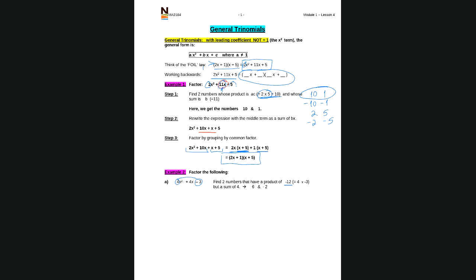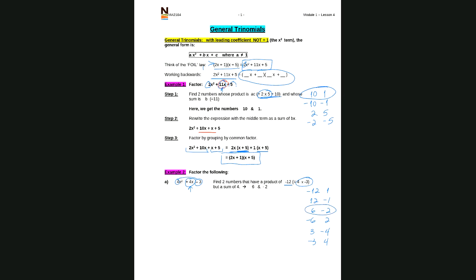Okay, there's negative 12 and 1, 12 and negative 1, there's 6 and 2, each one with a negative, and there's 4 and 3, which were the original numbers, but it's not necessarily those ones. Okay, so here's a good list. Now, the numbers have to add to plus 4. Okay, so that's 6 and negative 2.